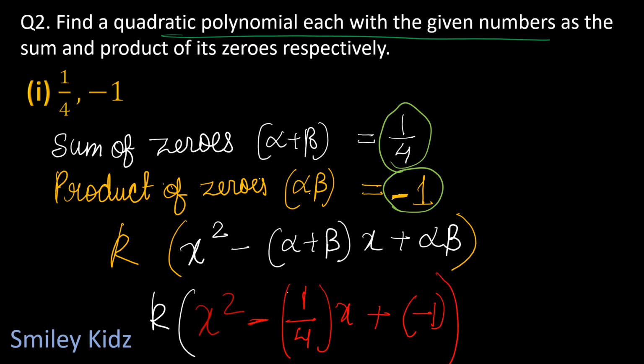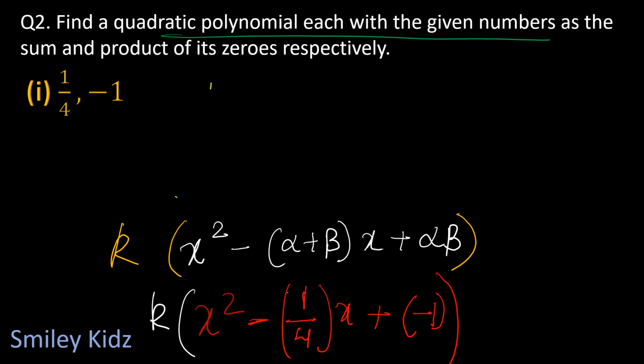Now on simplifying this further, we get k multiplied by x square minus 1 by 4 into x, or x by 4, plus, so plus minus will turn out to be minus, isn't it? So -1.